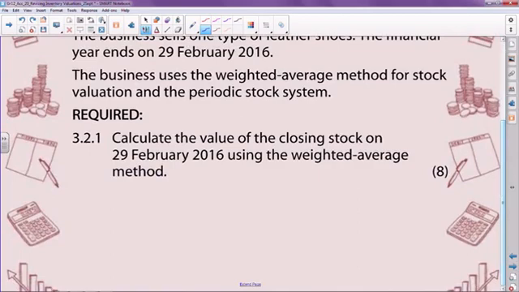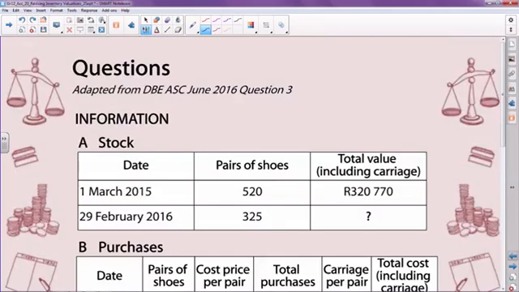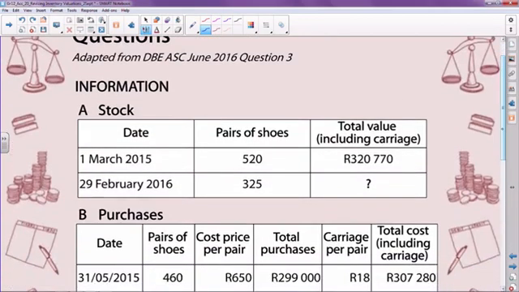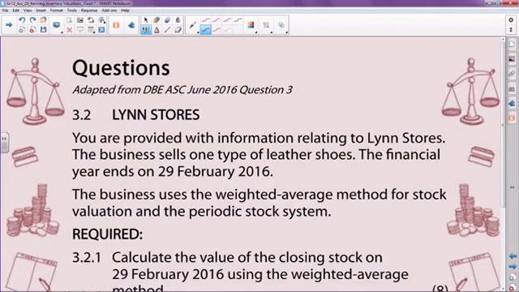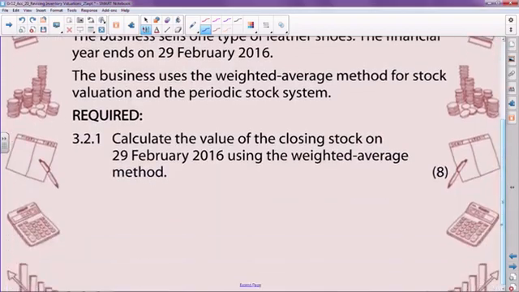Right, step number one. We start off by taking the opening stock, and the value of your opening stock would be 320,770. So fine, we've got the 320,770, right, as our opening stock, plus we add all our purchases.